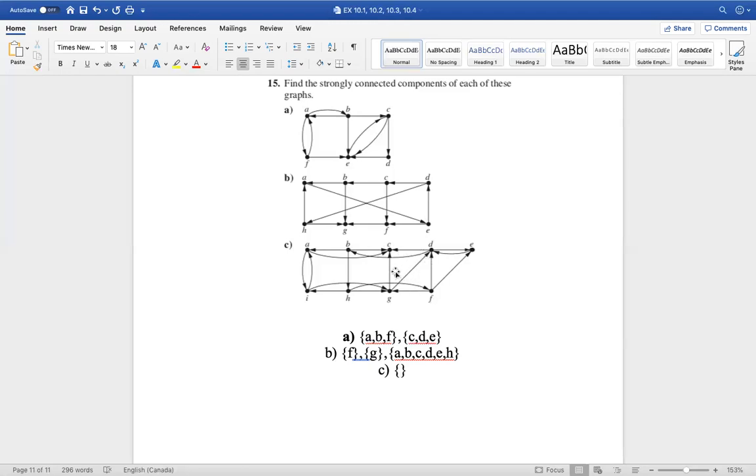They need C. There's no outgoing edge out of C. So therefore, this node is very important and strongly connected. And then we will have the rest: A, B, D, E, F, G, H. I have a question.